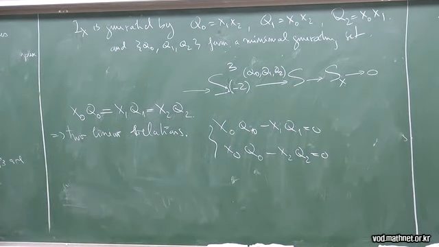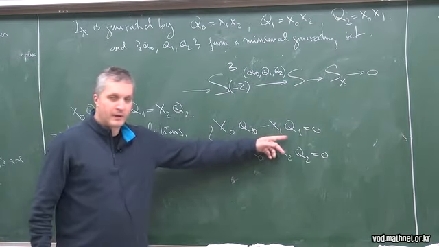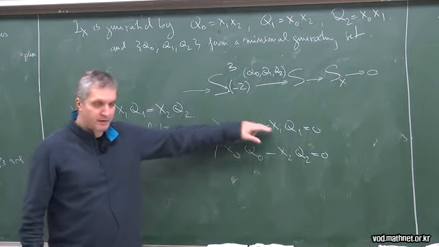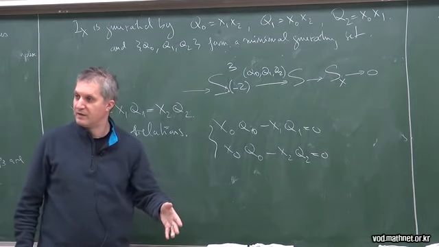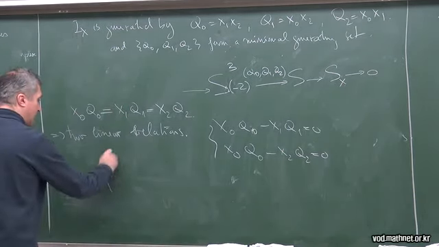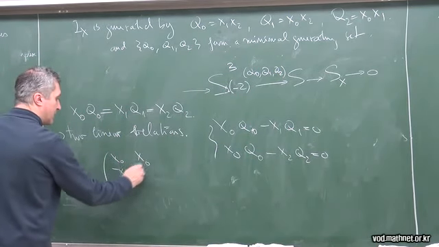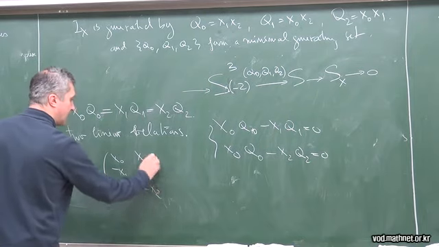And we said that each time we have a relation like that, a syzygy, we take the coefficients and organize the coefficients in a column. So we will get a matrix like x0, minus x1, 0, and the other one would be x0, 0, minus x2.